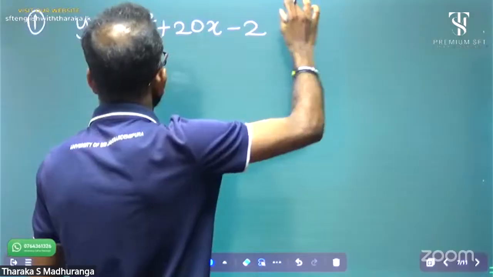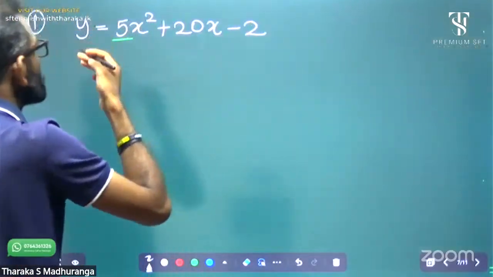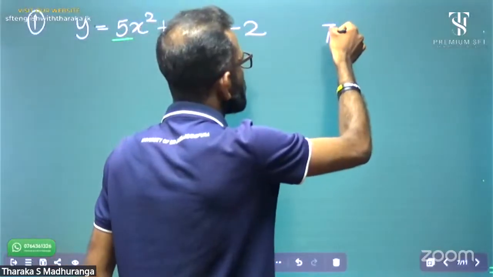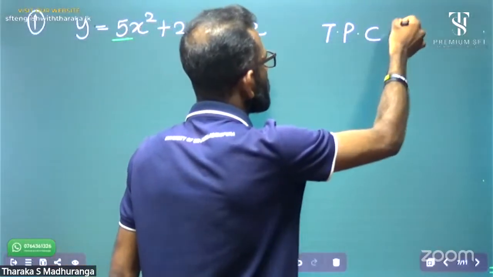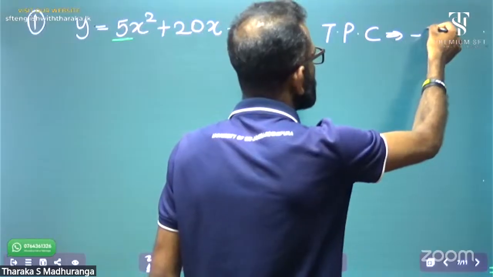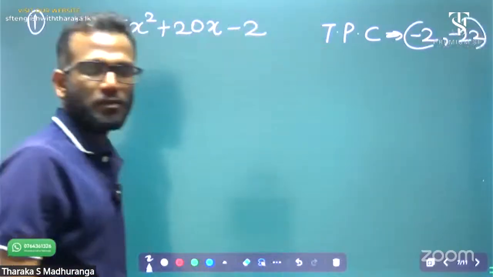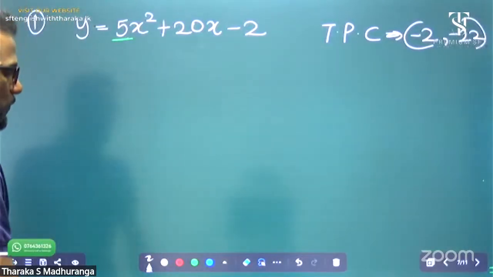This is a quadratic equation and the turning point coordinates are given. Turning point coordinates minus 2, comma minus 22.